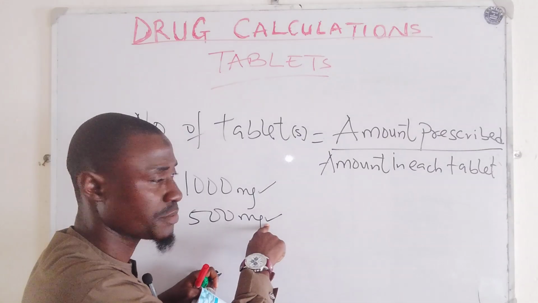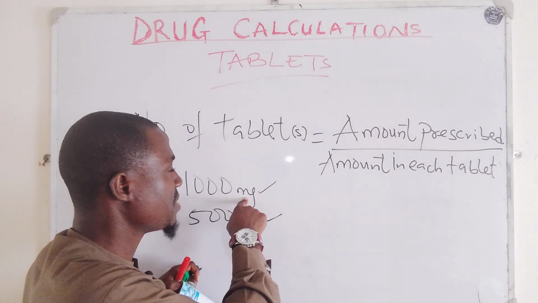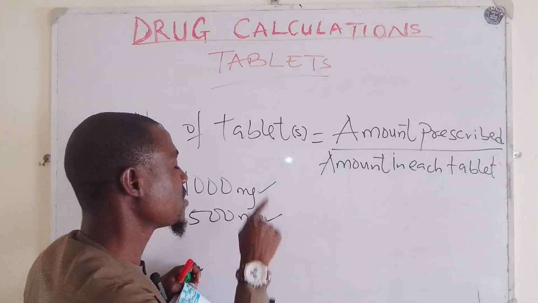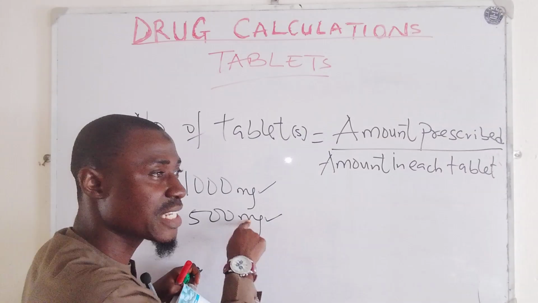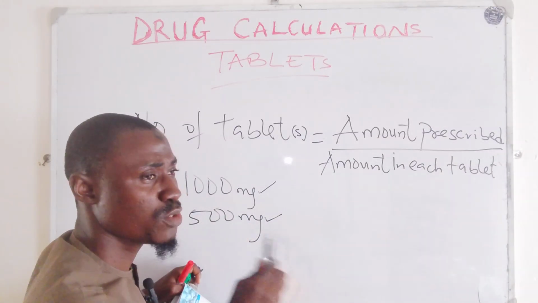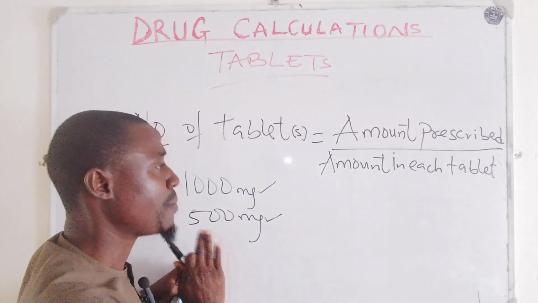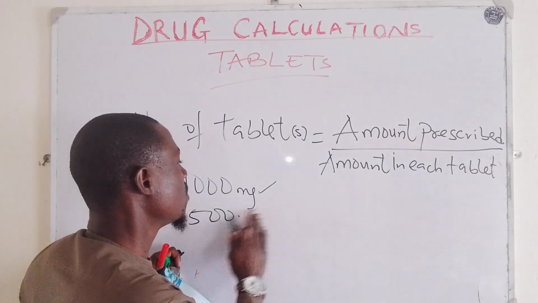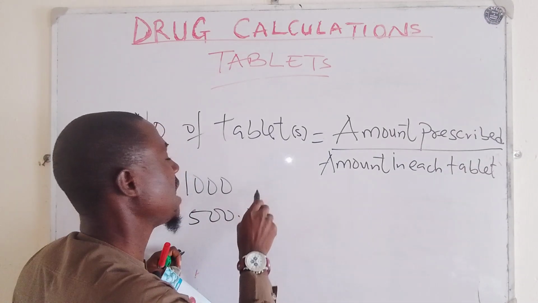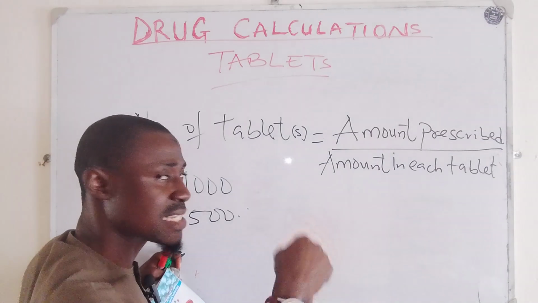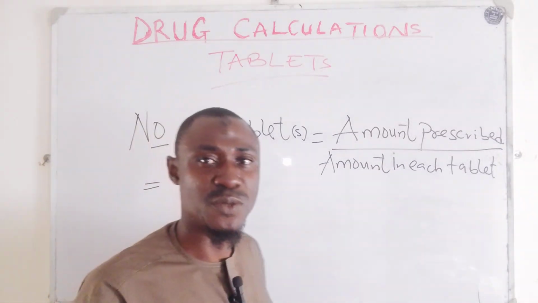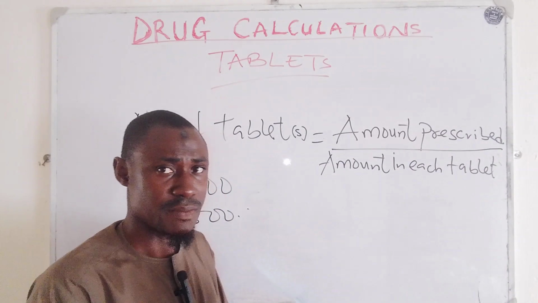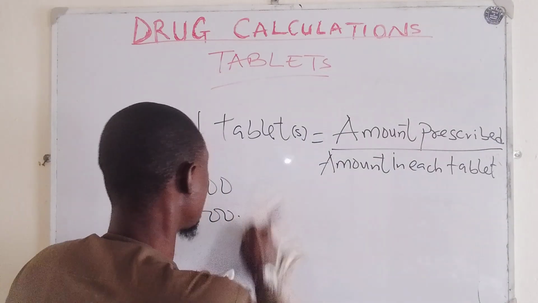In this case, the amount prescribed is in milligram, and when we look at the sachet, the amount in each tablet is also in milligram. So we are good to go, with no issue with regards to conversion, and we can apply the formula straight away. But there are certain situations, especially in exam situations, where the amount prescribed can be in another unit, and when you look at the sachet you'll see a different unit. In that case, you'll have to do some little conversions. We are going to look at examples of that later on.